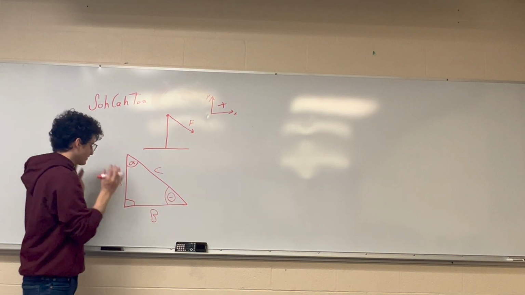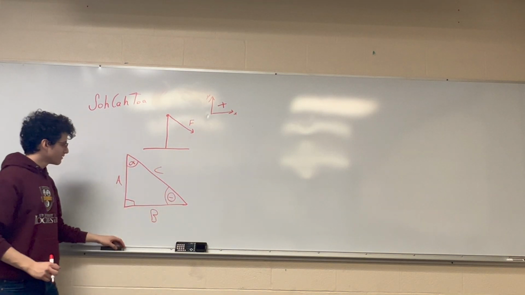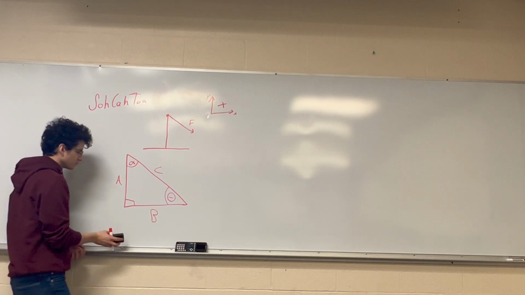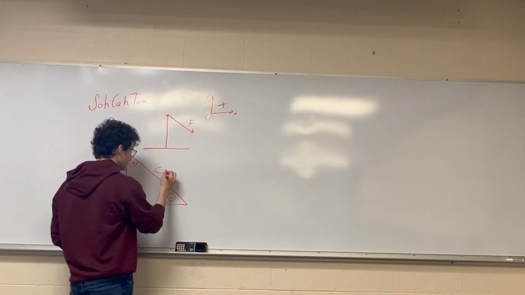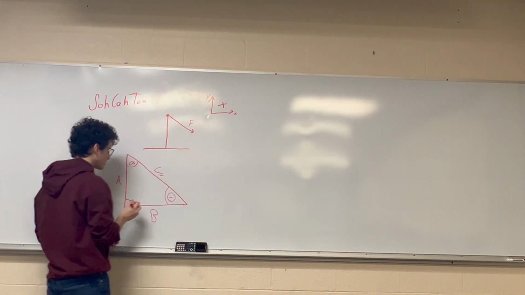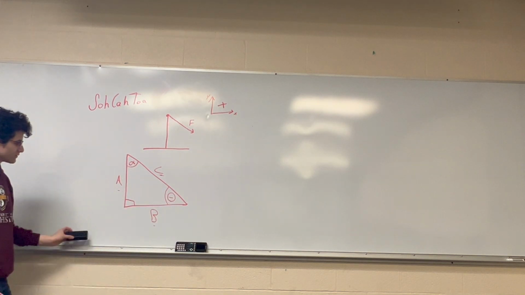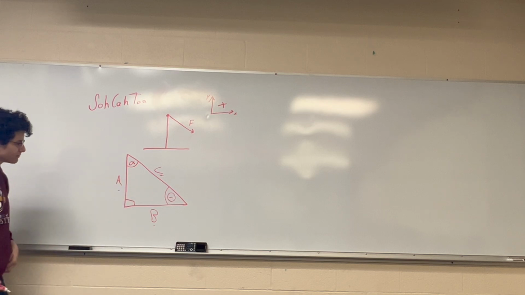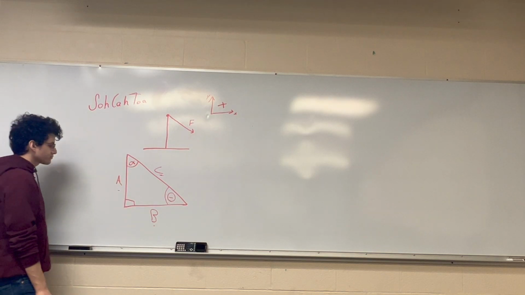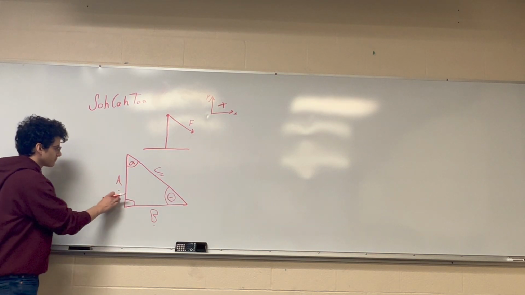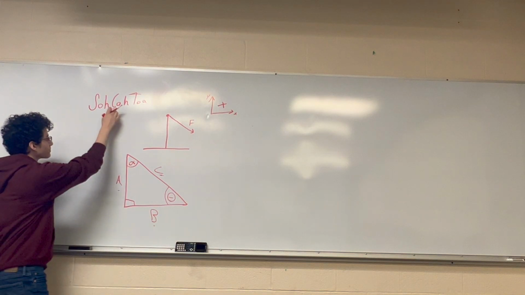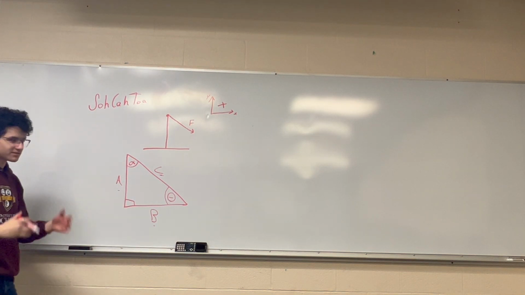So we have this triangle, right? What if we only had C? We know what C is, right? But we need to know what A and B are. We don't know these. Let's find them using these angles, okay? So let's say we wanted to find A. We can use trig. This is just the basics of trig.